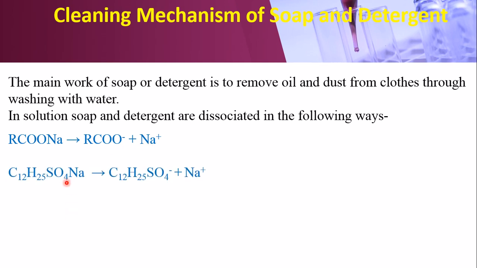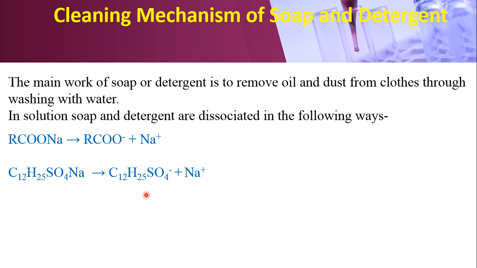Detergent also, when given into water, is dissociated into lauryl sulfate, the negative ion, and sodium ion, the positive ion. Now look, soap and detergent both are dissociated in solution to give an anionic part, that is acetate ion or lauryl sulfate ion, and a cationic part, that is sodium ion.